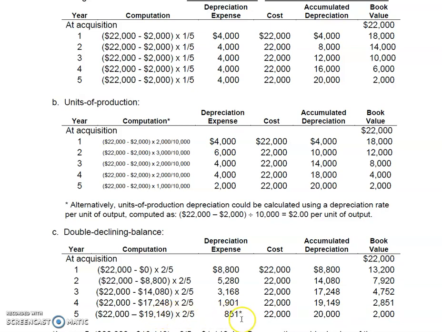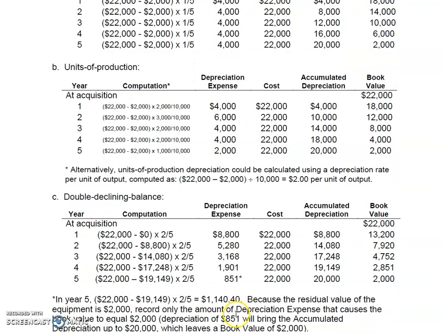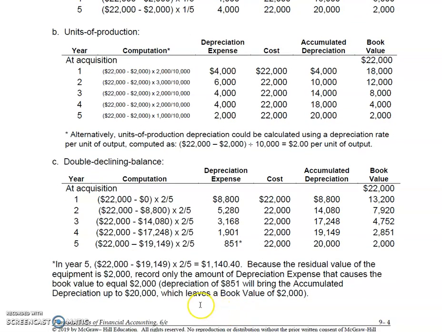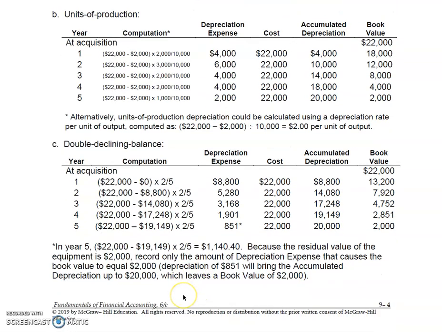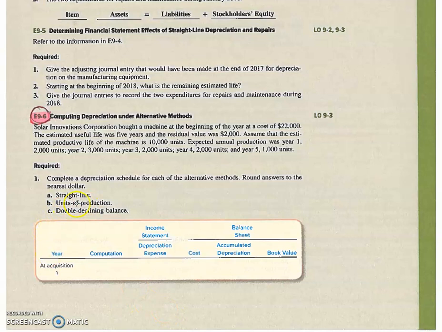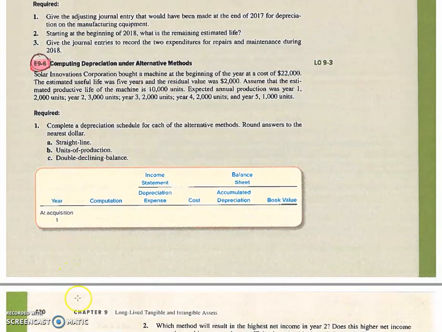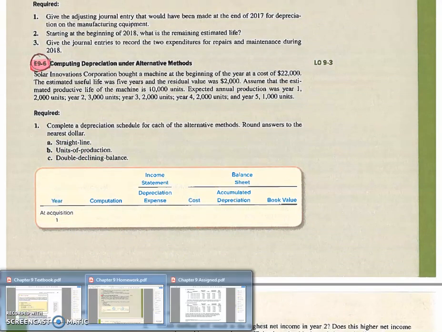So we take that in year 5. Okay, so hope that clears everything up for you. And that finishes off that homework problem.